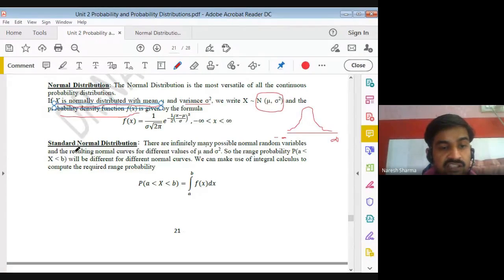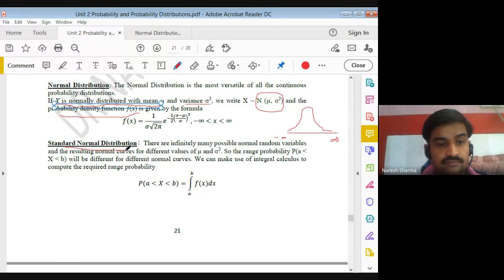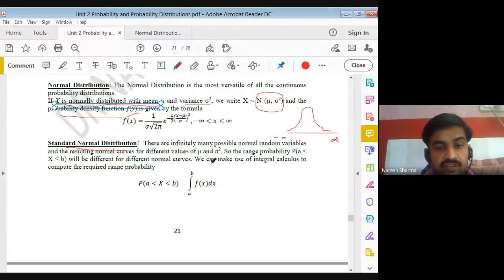Now, what is the standard normal distribution? If we take the integration of the probability density function from a to b, this is called the probability of x when x lies between a to b range.